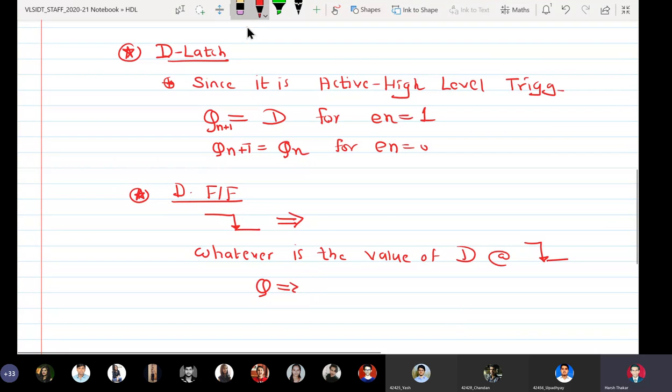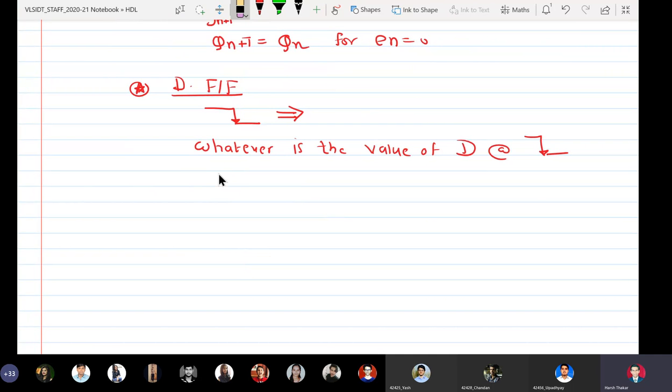Okay. Whatever is the value of data input D at the arrival of falling edge, will be transmitted to Q.